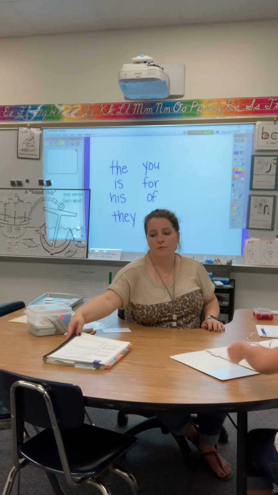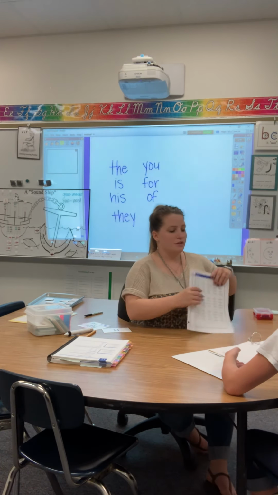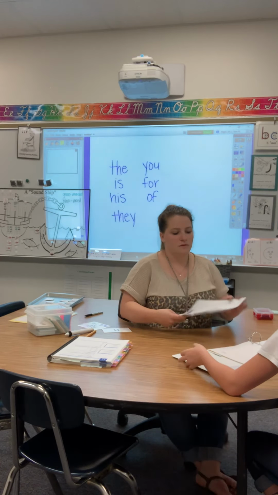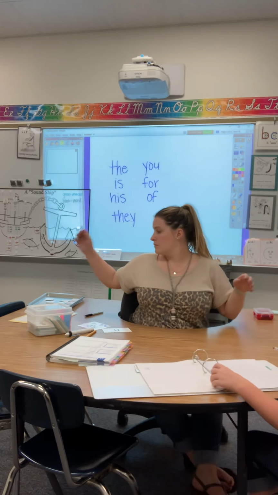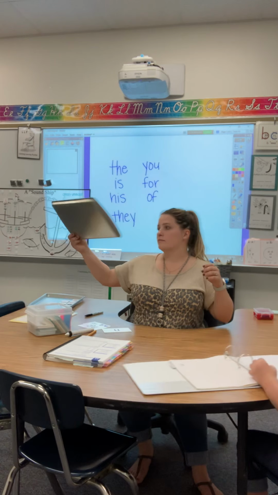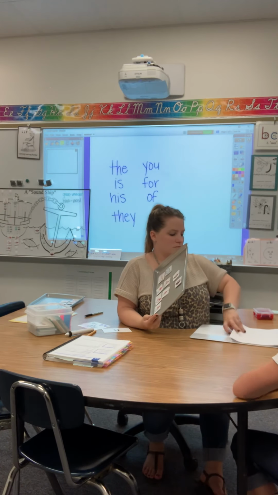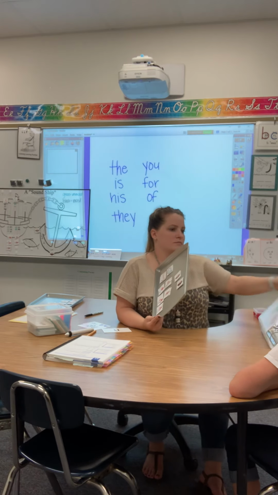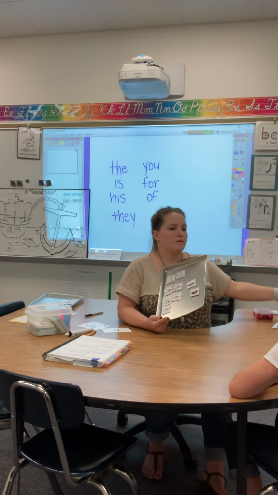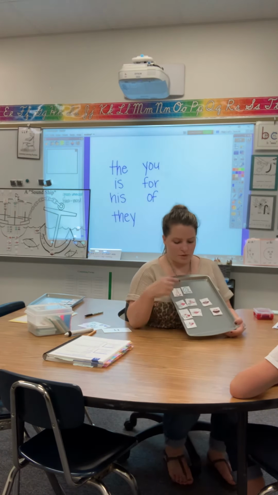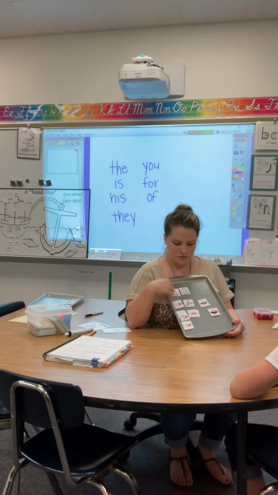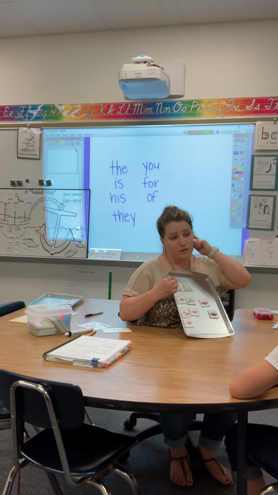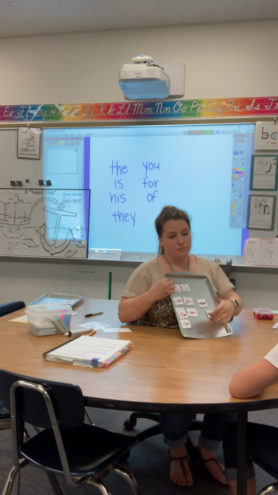Okay. So, let's review our sound pictures real quick. So set your binder to the side. Alright, close them. We're going to do our phonemic awareness first. Okay, so remember when we do where you show me and you pull?